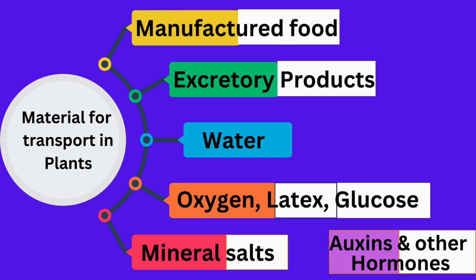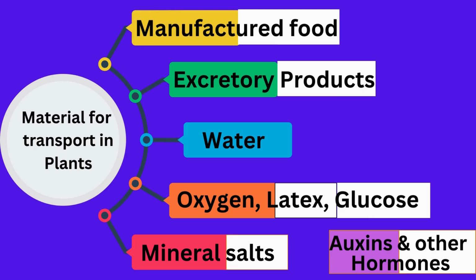However, there are other materials that are transported in plants and these include oxygen, nitrogenous waste products or latex, amino acids, glucose, lipids, auxin and other hormones, and mineral salts.